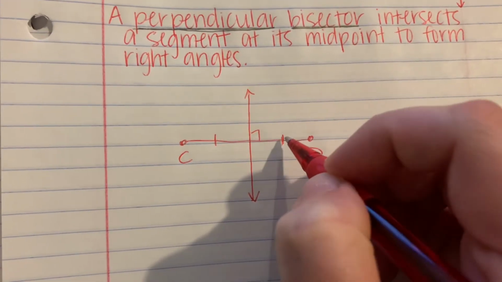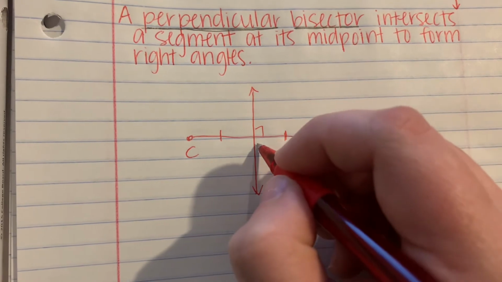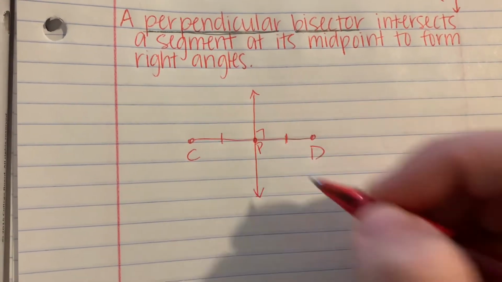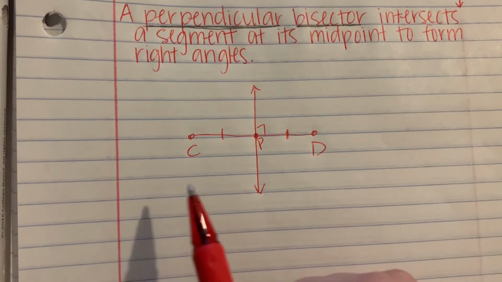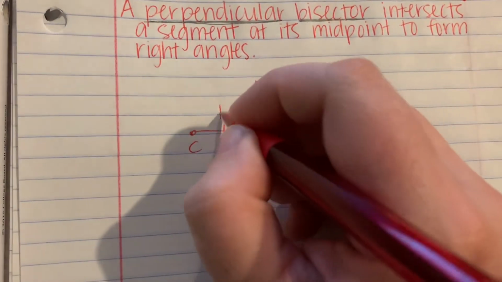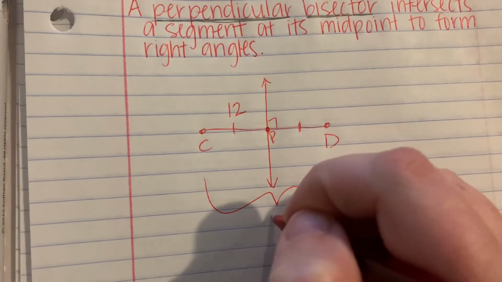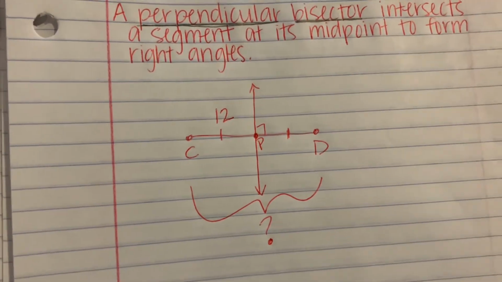These two pieces need to be equal. It says it intersects at point P, so here's point P. It says if CP is 12, well here's CP. If that's 12, then what is CD? That's what I'm trying to find.